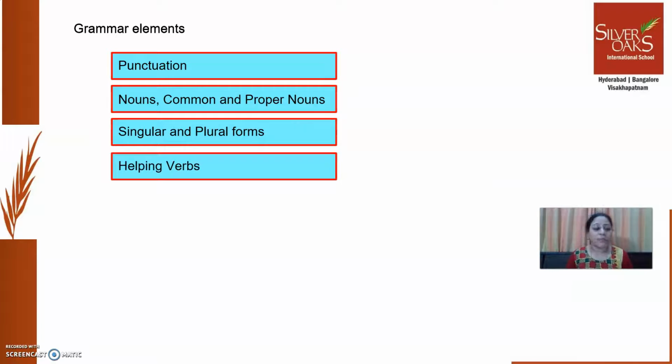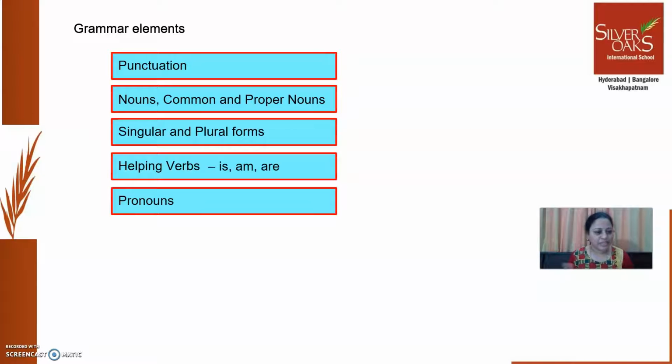Then what else? Helping verbs. There are many helping verbs, but in grade 1, till now we have learnt 3 helping verbs. What are they? Is, am, are. Yes. Now, pronouns. Recently we have finished learning pronouns. Again, there are many kinds of pronouns, but in grade 1, we have learnt he, she, it, they, we. Right?